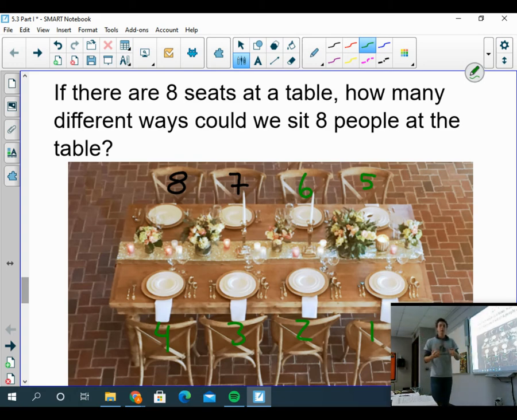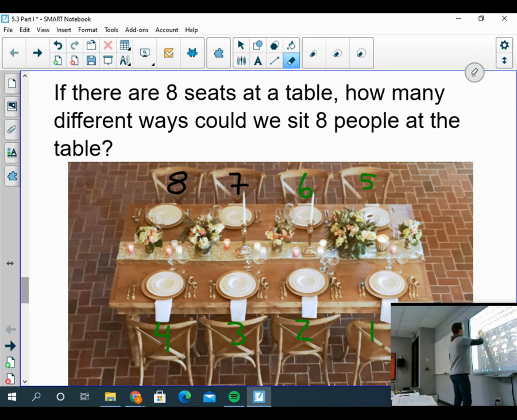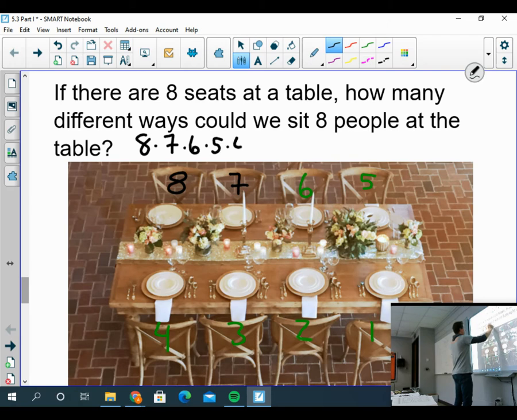Well, as we've been doing with compound events, we would multiply them together. So to figure out all the different combinations, we would have to multiply 8 times 7 times 6 times 5 times 4 times 3 times 2 times 1.